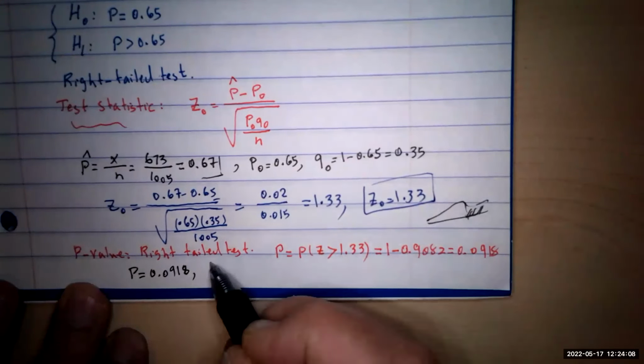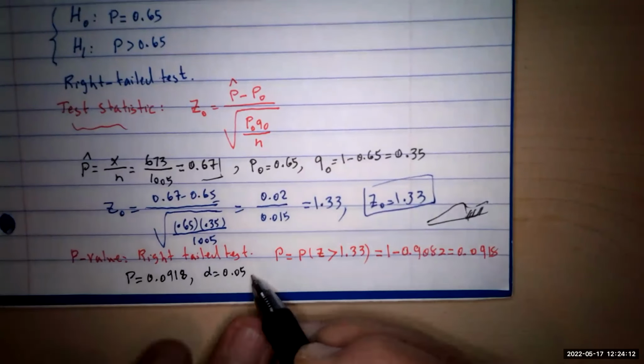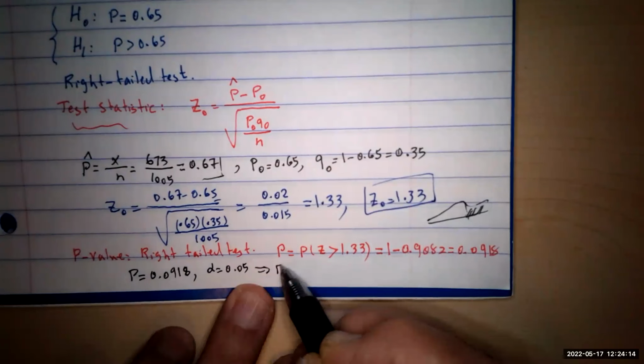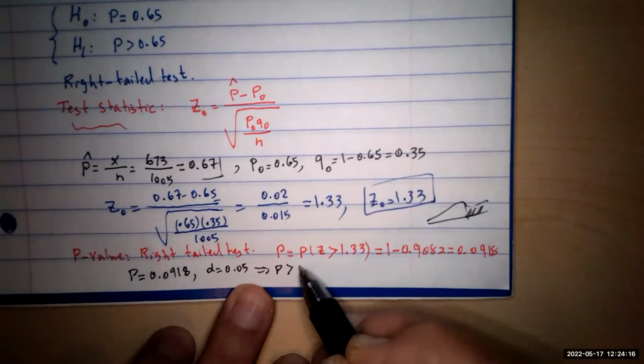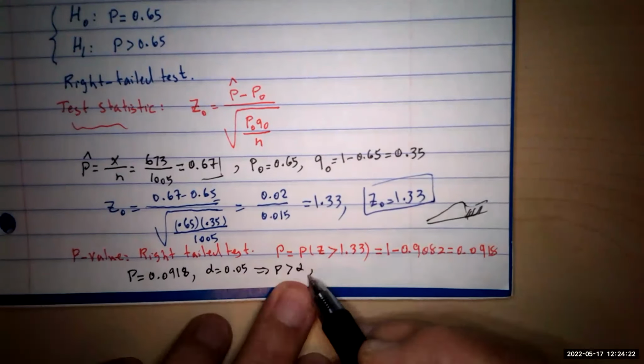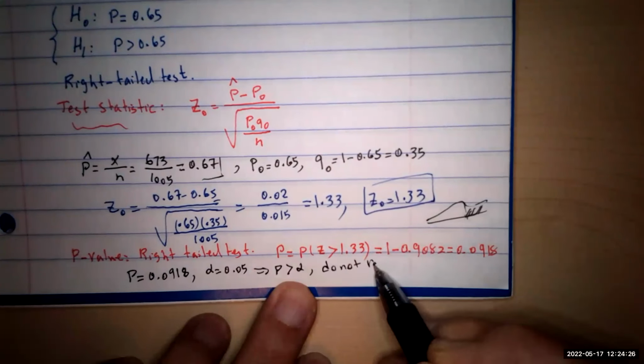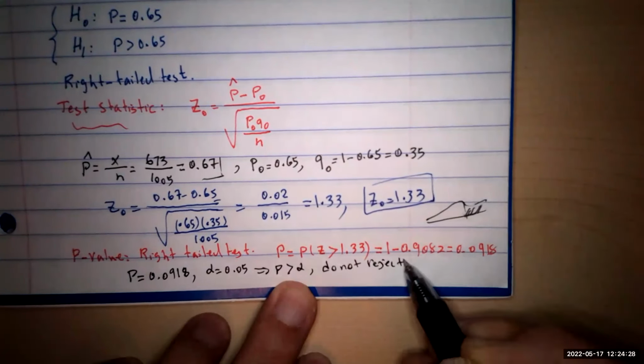0.0918, and your alpha is 5%, which is 0.05. So this means p is going to be greater than alpha. Okay, fail to reject. Do not reject the H naught.